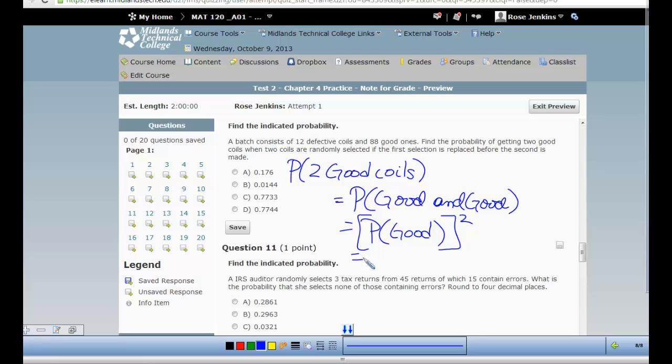Okay, what's the probability of getting a good coil? Almost all of our problems will go back to the classic formula of probability at some point. So the probability of a good coil is going to be what? 88 over 100, or 0.88, and then we're going to square that.